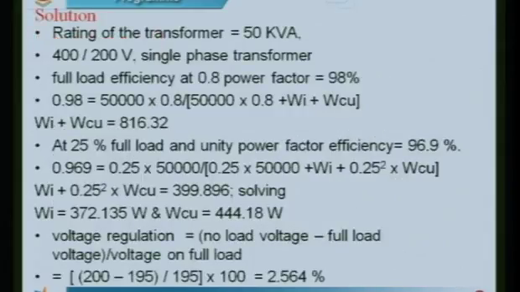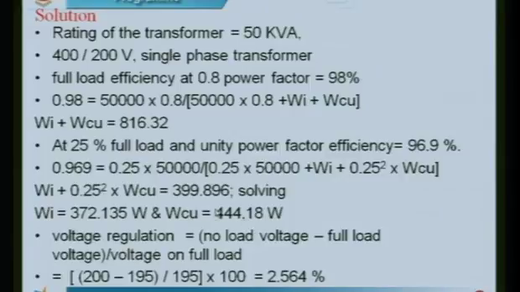If I look at the solution, I just wrote these equations. The first equation: Wi plus WCU is 816.32. Don't round this off, never do that. The second one: Wi plus 0.25 square WCU is 399.896. Solving these two, I get the iron loss as 372.135 and the copper loss as 444.18.